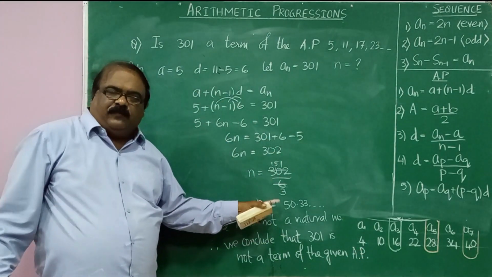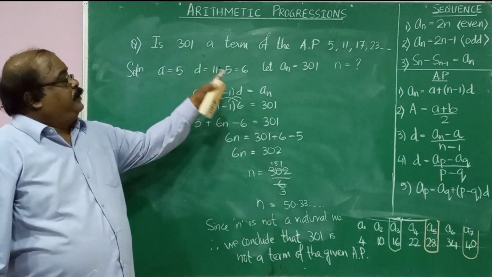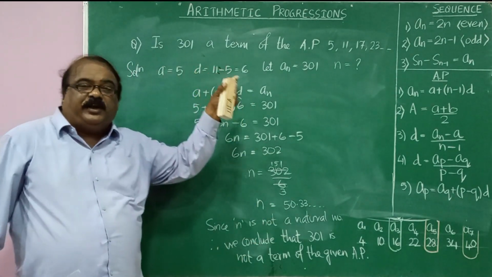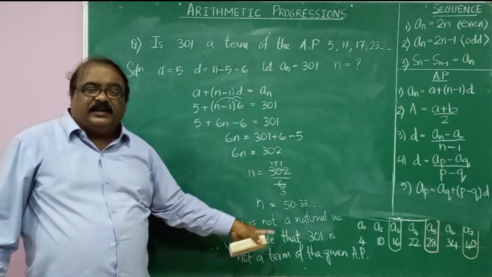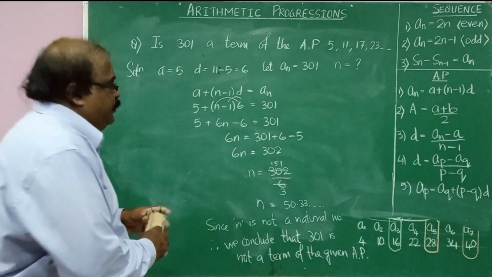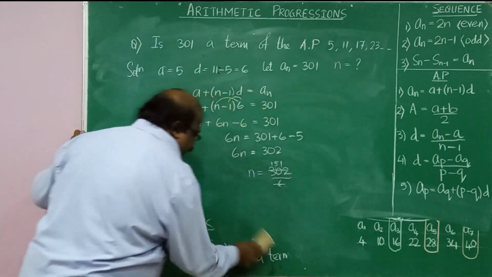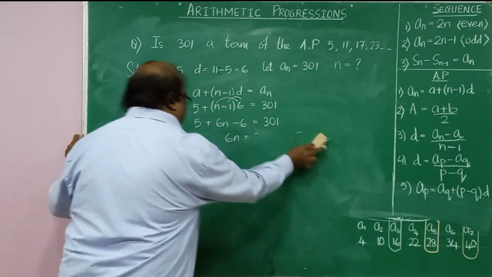If n was 50, yes, then that means 301 was the 50th term of the AP. Since n is not a natural number, we come to the conclusion that the given number 301 is not a term of the given arithmetic progression.